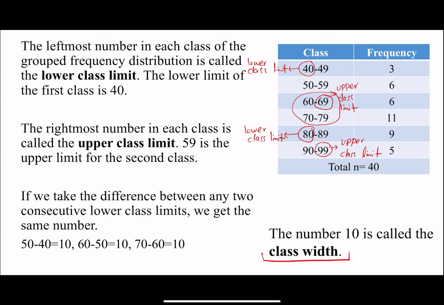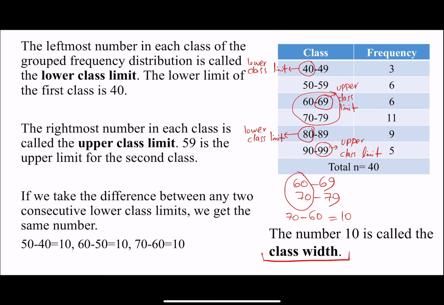We have 60 to 69, and the class right after that is 70 to 79. If I take the difference between these two consecutive lower class limits, I find the class width. So 70 minus 60 is 10. So 10 is my class width.